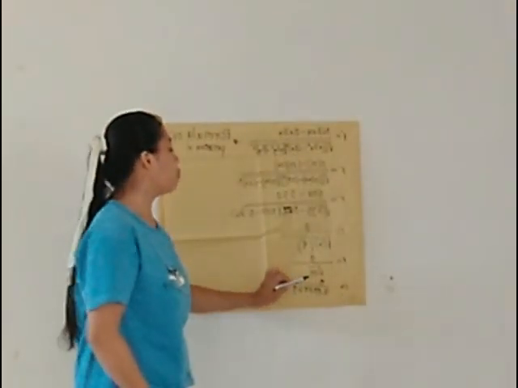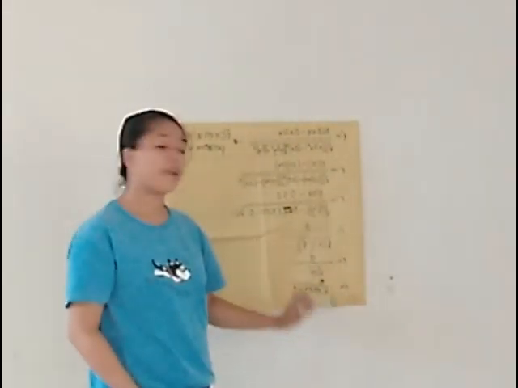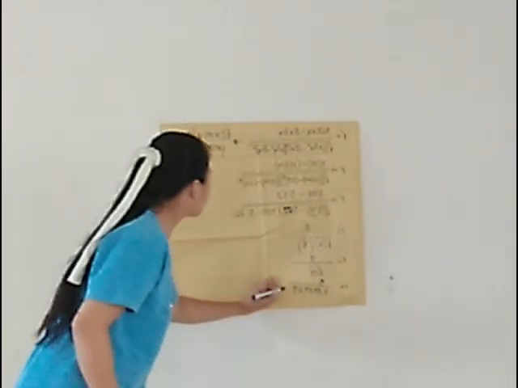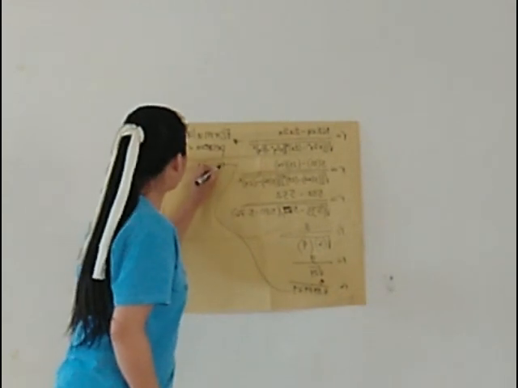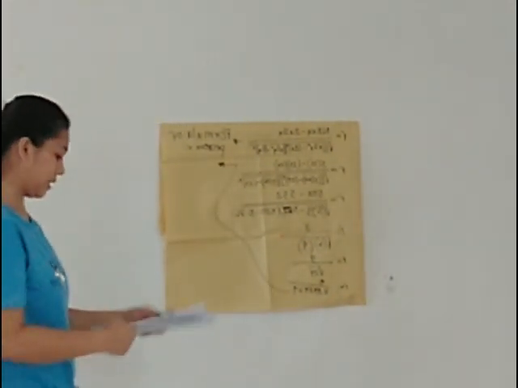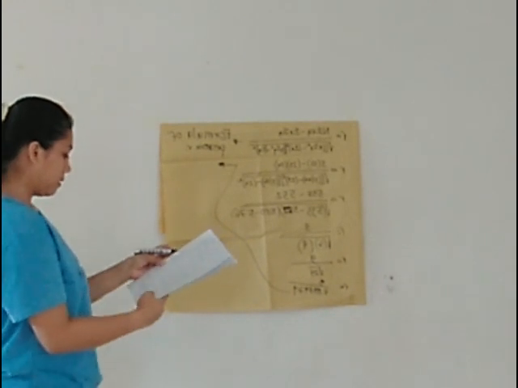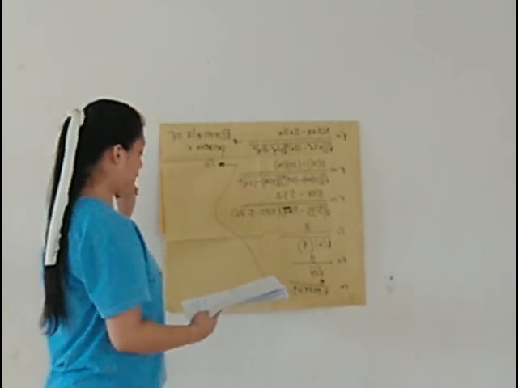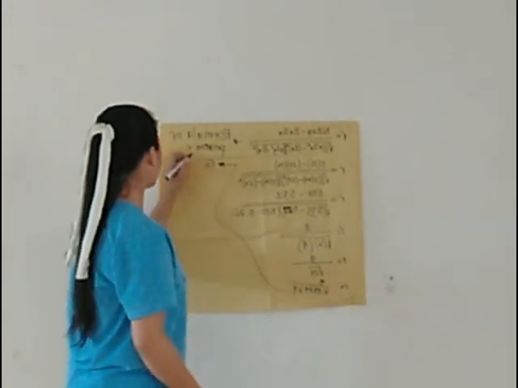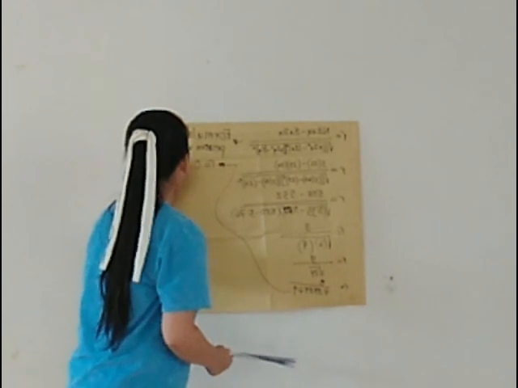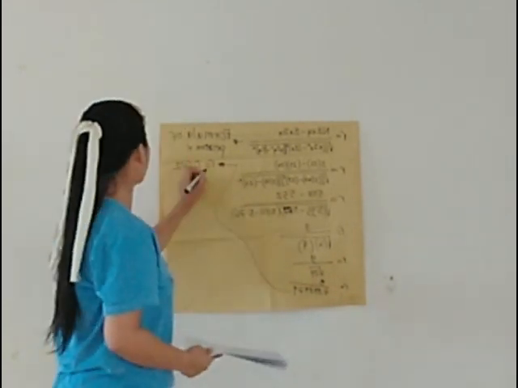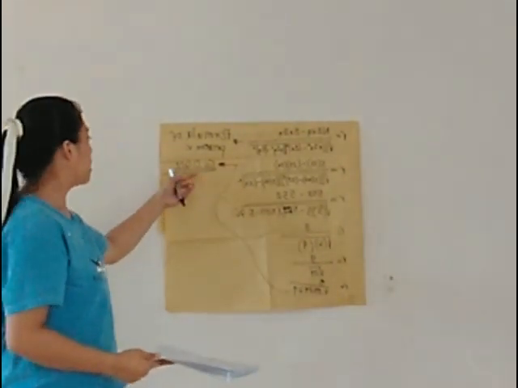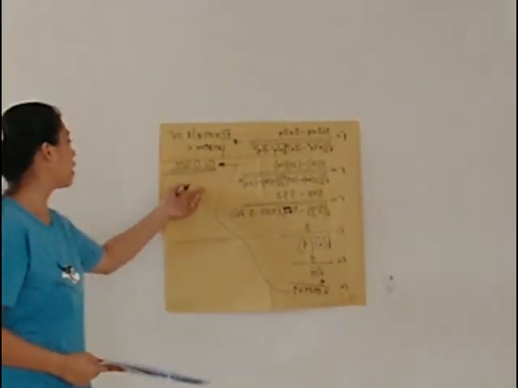We're going to divide it. 3 divided by 4.898979 is 0.612. So this is the value of R.